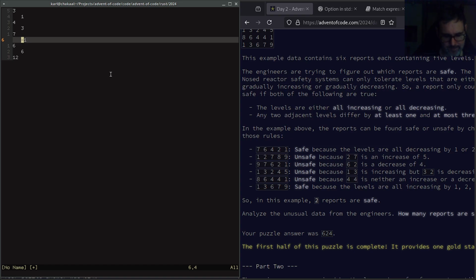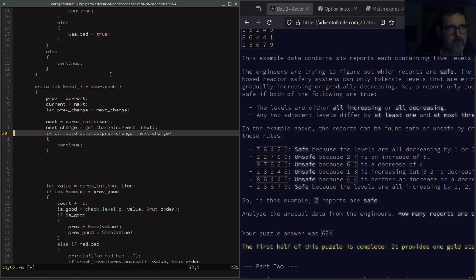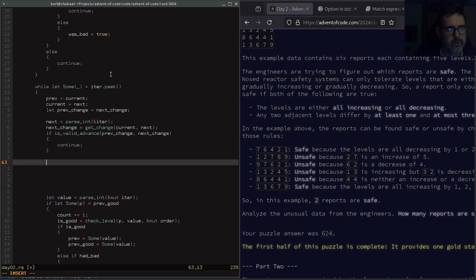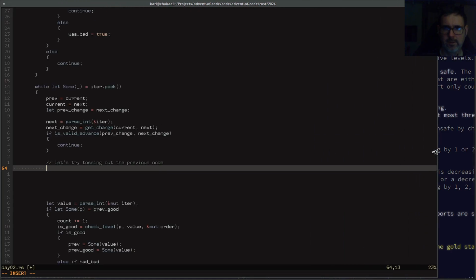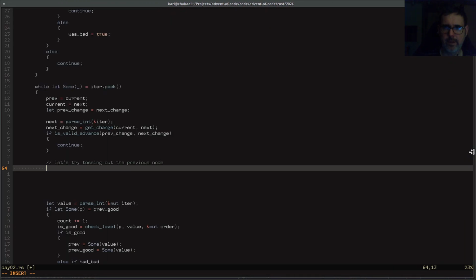So what we want to do here is... okay, let's try tossing out the previous node. And actually, I'm going to bump that out.